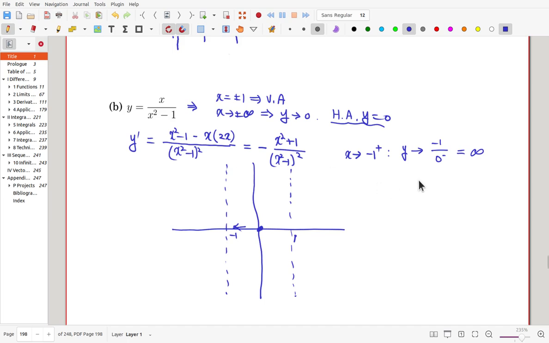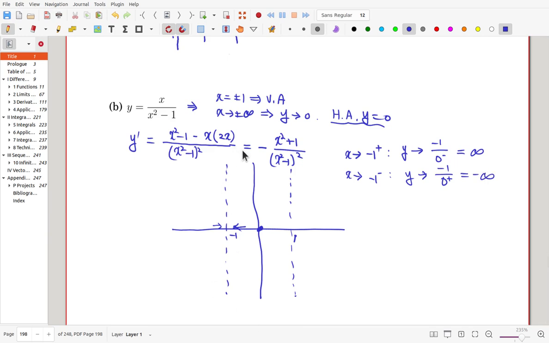Now, for example, x is approaching minus 1 from the left hand side, then x squared will be larger than 1, but approaching 1, so the bottom is 0 plus, and the top is the same way, minus 1, so it will go to minus infinity.